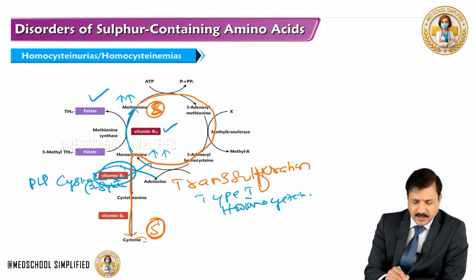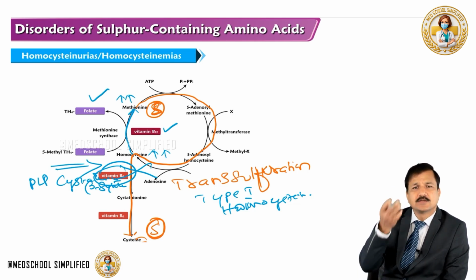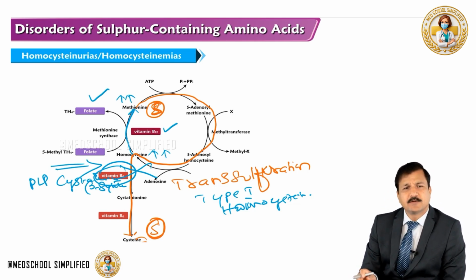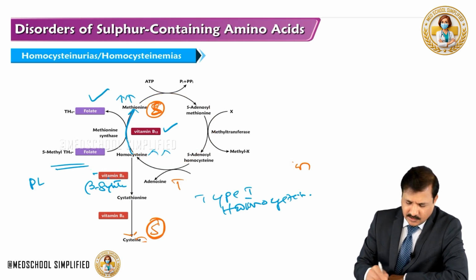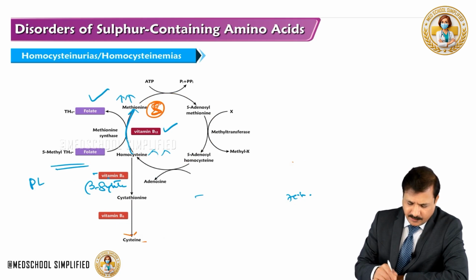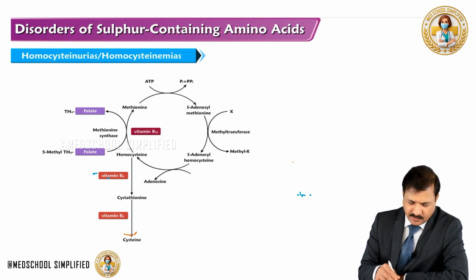So at that time, some of the homocysteine will be converted into methionine. In homocystinuria type 1, the patient will show elevation of both homocysteine and methionine. That's what I want you to remember.